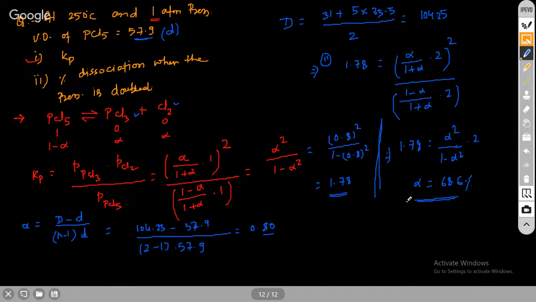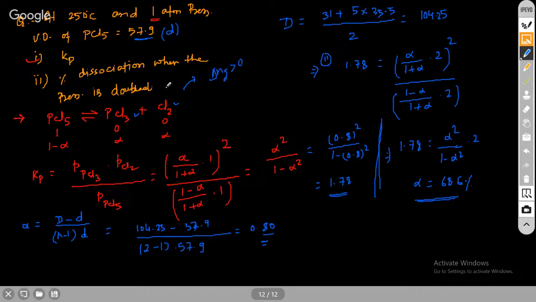You can easily cross check this. Initially at 1 atmospheric pressure, alpha is 0.80, which is 80%. When you increase the pressure, alpha decreases. That is possible, because for this reaction, del Ng is greater than 0, right?